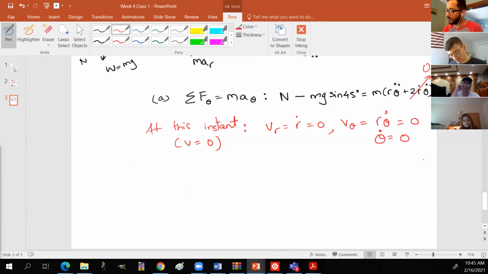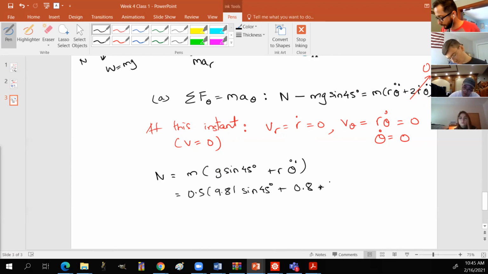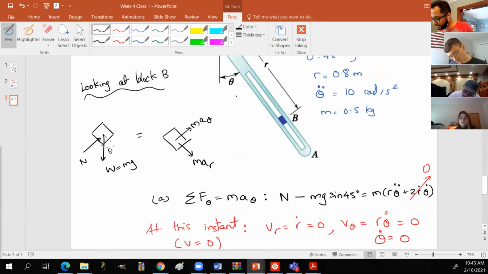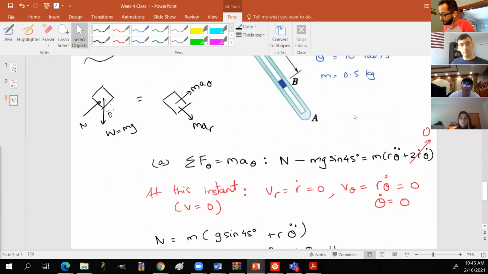Okay, then you just solve it. So N is equal to m times g sine 45 degrees plus r times theta double dot. So you get m, which is 0.5, g, which is 9.81, sine of 45 degrees, r, which is 0.8, and theta double dot, which is 10 radians per second squared.